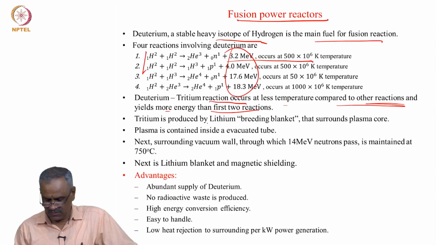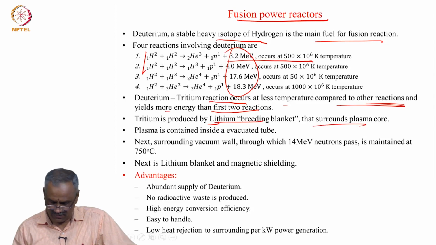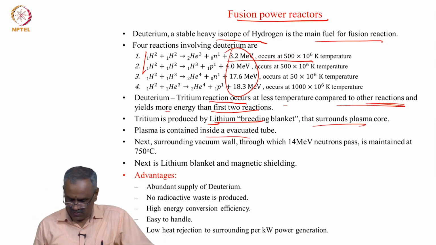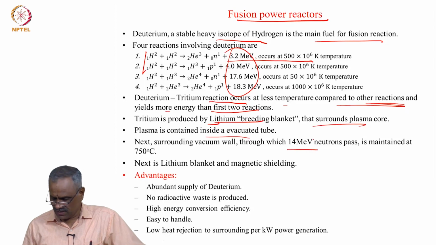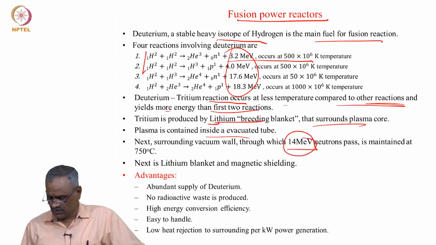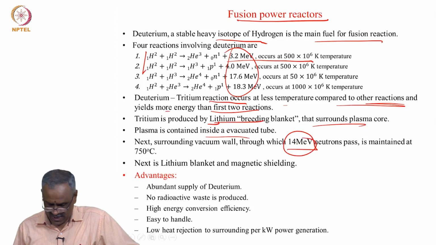Tritium is produced by a lithium breeding blanket that surrounds the plasma core, and the plasma is inside an evacuated tube. This is the operation, and there is a vacuum wall surrounding it. The energetic neutrons pass through, and it is maintained at about 750 degrees Celsius.